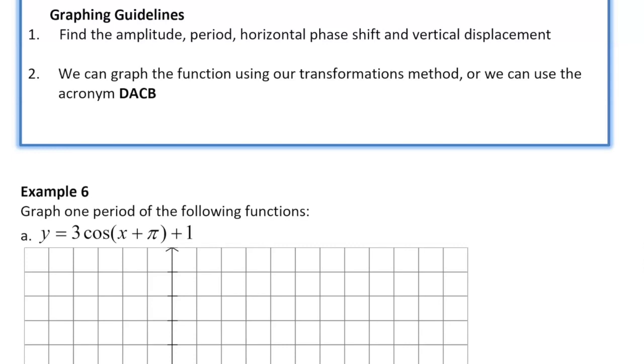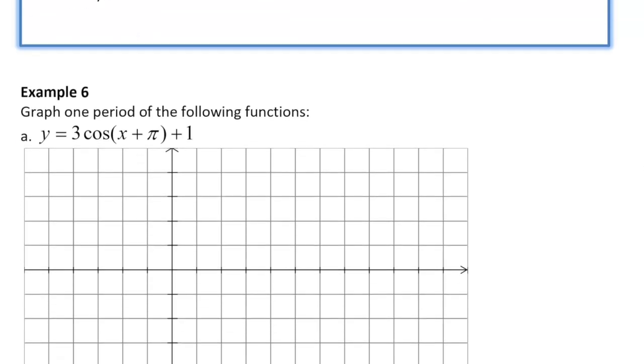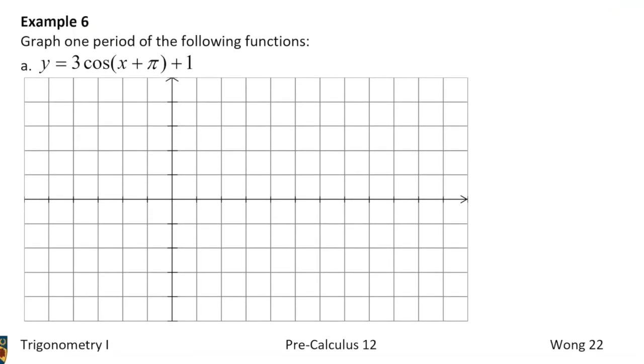I find this is maybe the easiest way to graph a sinusoidal function. If you wanted to apply transformations, that would also work. But by doing DOCP, you're able to do this all in one go without having to do step 1, 2, 3, 4, 5, and it's a really safe, measured way of being able to graph these examples.